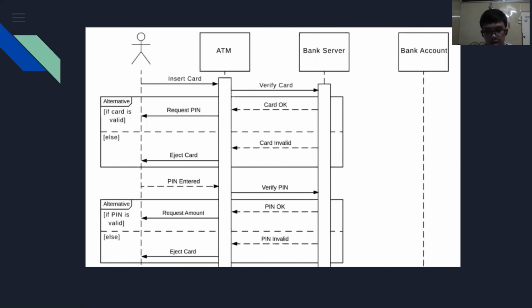If the PIN number is okay, the ATM will request the amount the user wants to deposit or withdraw from the ATM machine. Else, if the PIN number is invalid, the ATM machine will reject the PIN number and will eject the card and return it to the actor. That's all for part 2.